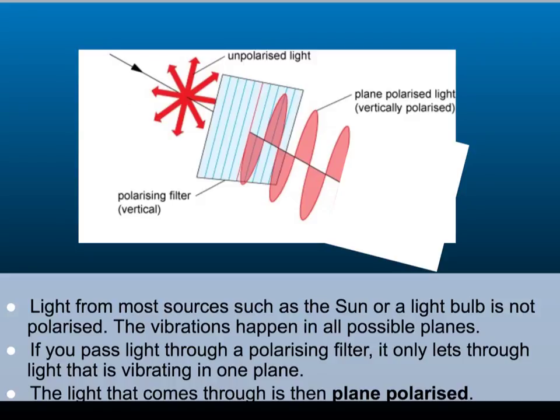If we put a filter in front of that, because the filter is made of these slits running vertically, it only allows the vertical vibrations to pass through. So when we come out on the other side of the filter, you have only got vertically polarised light. And this is called plane polarised light.